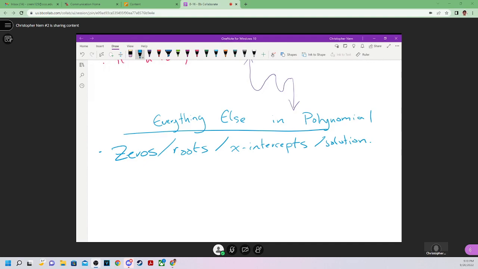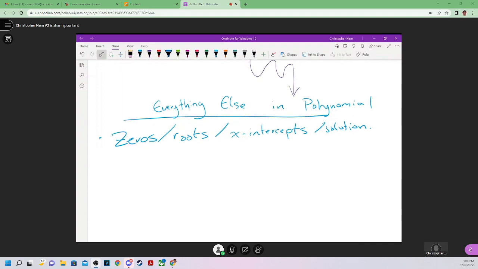Now, they all mean the same thing for our cases. In particular, when we graph them, we're going to be imagining the x-intercepts. And this is only if you have real number x-intercepts. Later on, we're going to talk about complex, for which you might have to change your definition of x-intercepts. But everything else in polynomials, we're going to talk about zeros, roots, x-intercepts, solutions. So the key important thing is these are all equivalent.